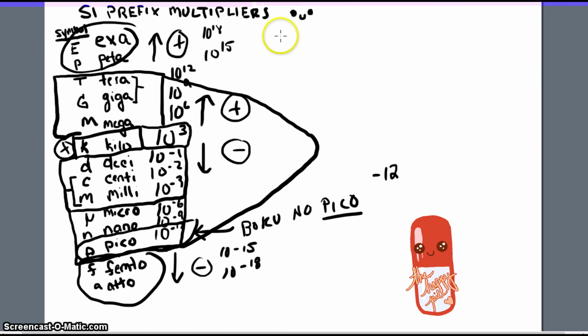So this here, you could just remember: P, 15, E, 18, F, negative 15, and A, negative 18.